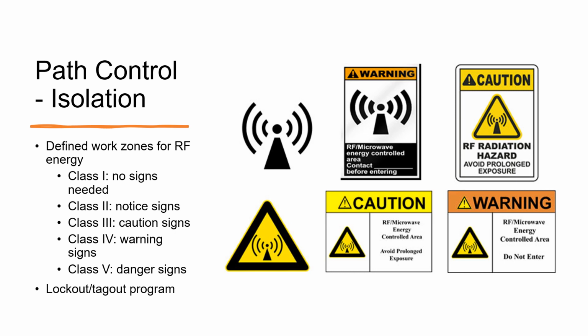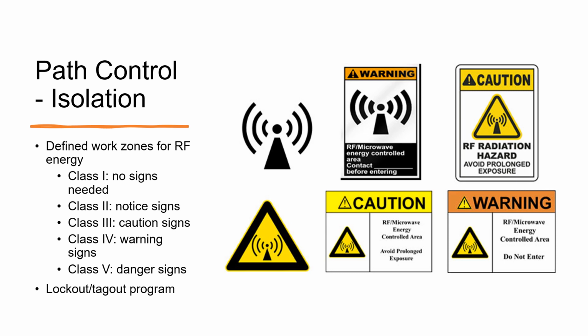For class 1, there are no signs needed to warn people about the hazard in that work zone. For class 2, they need to have notice signs. Class 3 has caution signs. Class 4 has warning signs, and class 5 has danger signs. And these on the right are some examples of signs that may be used in work areas where there is radio frequency energy present.